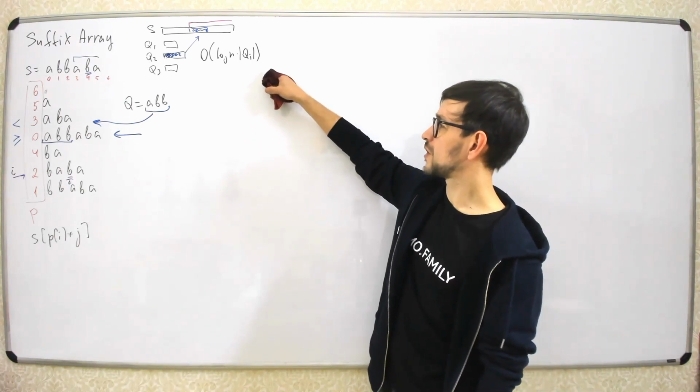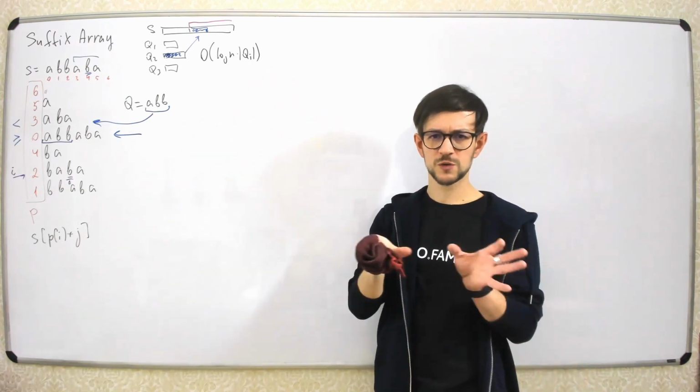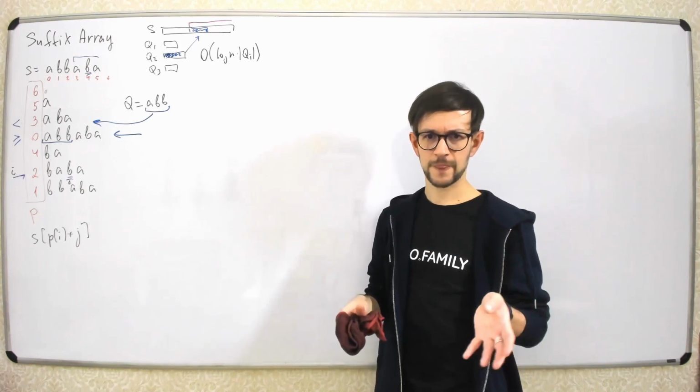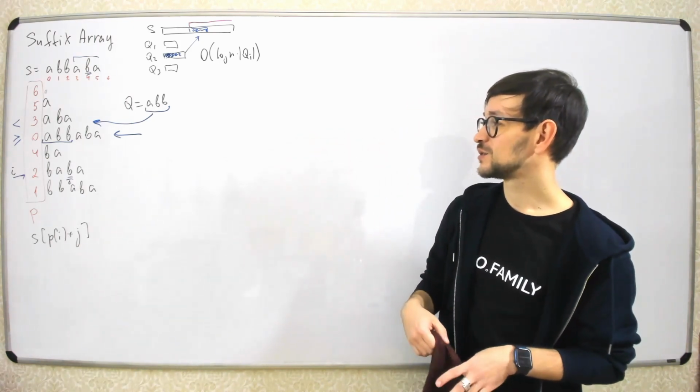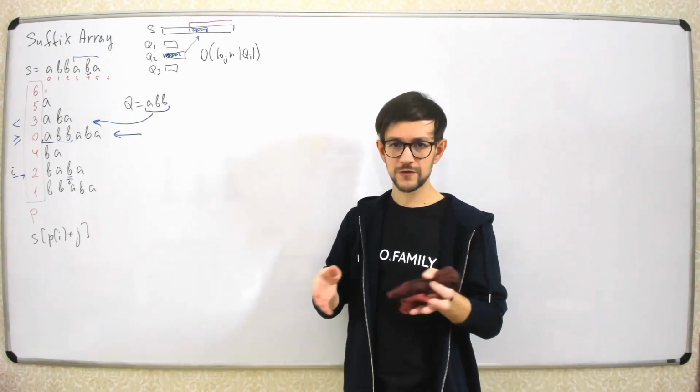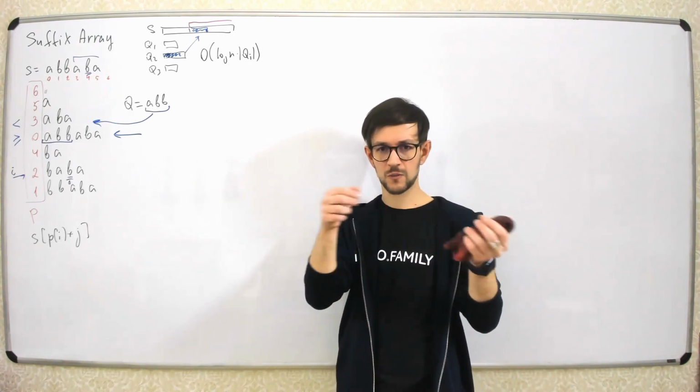No. If you want to do it faster, you need to pre-calculate all possible ways of your binary search. You can do it as an exercise. When you do the binary search, you compare the same characters from left to right.